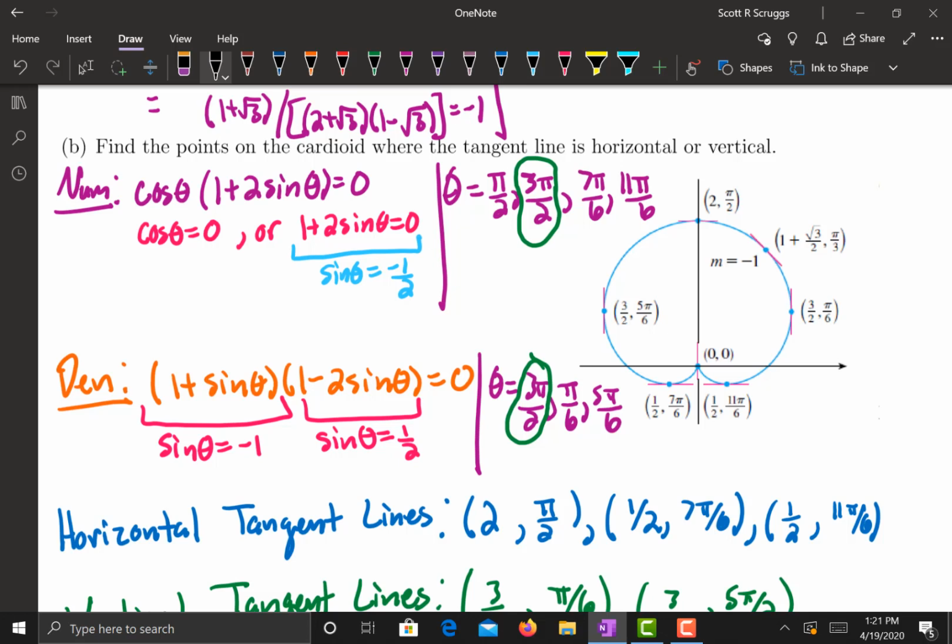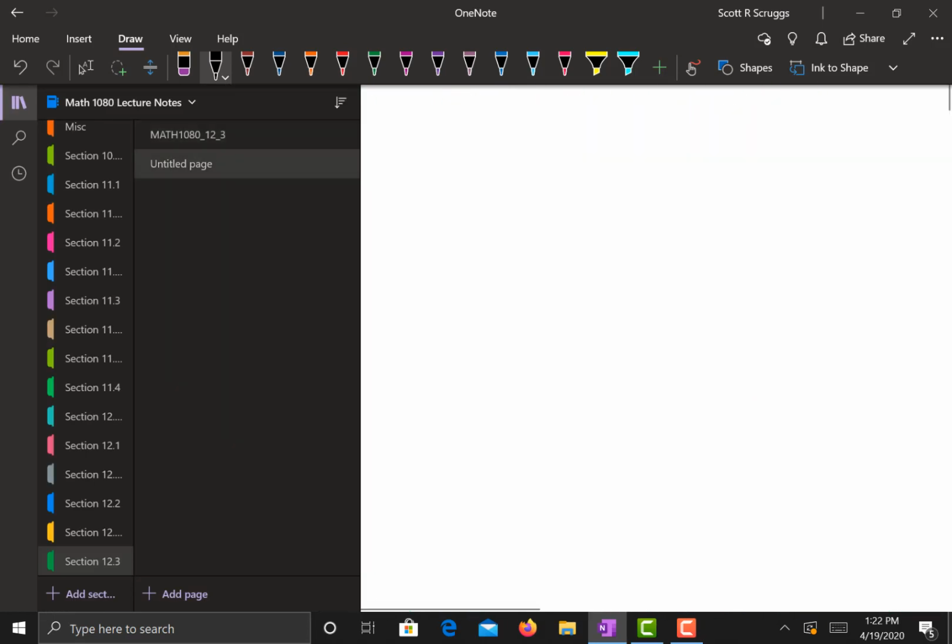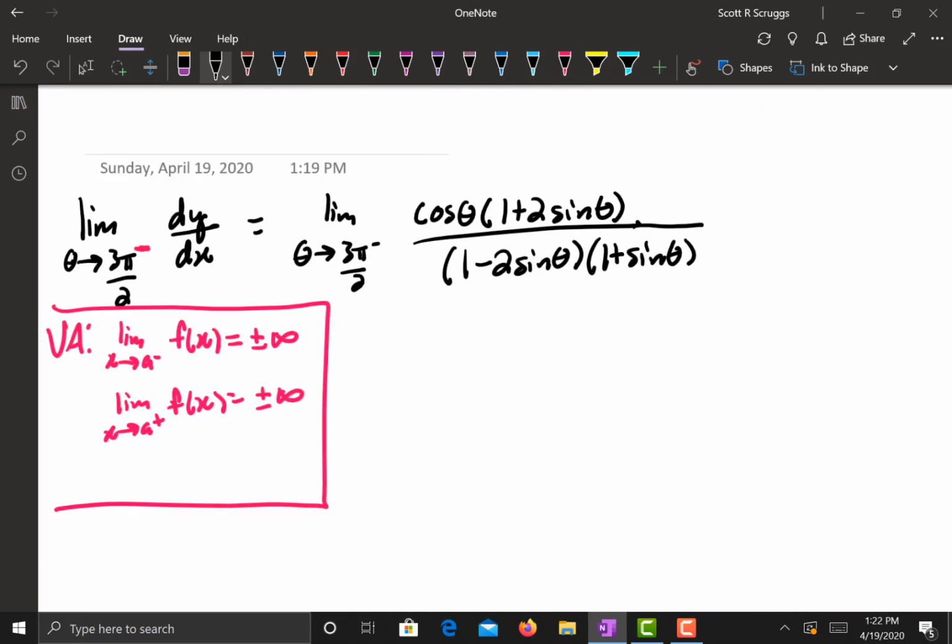And that is the 1 plus sine. If I plug 3 pi over 2 in for the 1 plus 2 sine of theta in the numerator, or the 1 minus 2 sine of theta in the denominator, I'm not going to get a value of 0. And so now you're asking yourself, Scott, why are you making that observation?